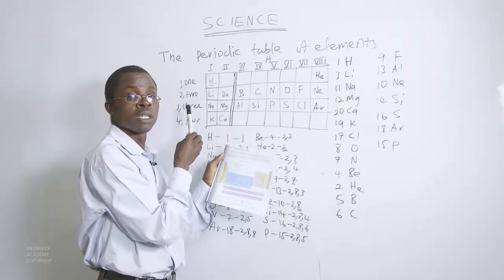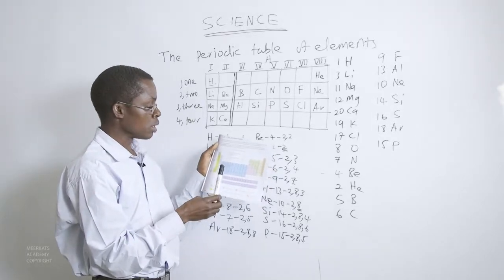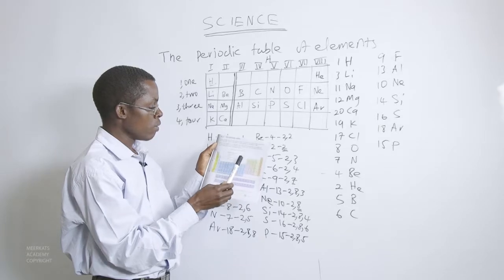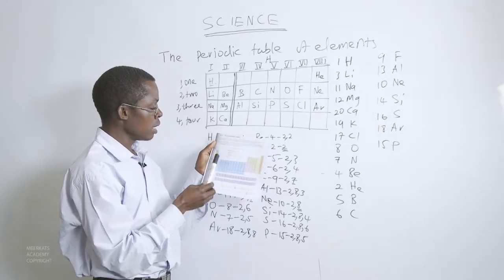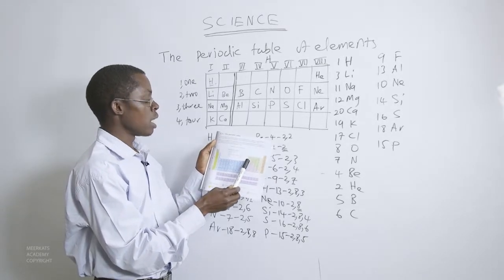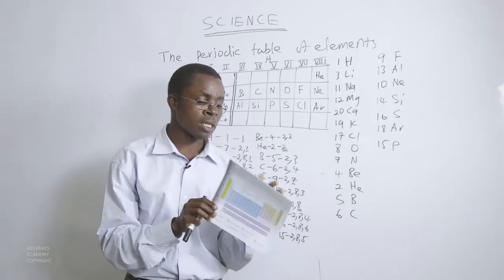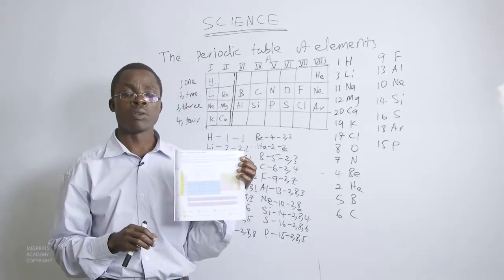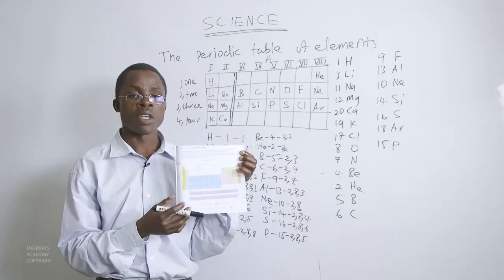So 13 here we are seeing aluminium. Do we have aluminium in the same position? Let's see. 1, 2, 3, 4, 5, 6, 7, 8, 9, 10, 11, 12, 13. 13 here is aluminium. So using those 3 examples, I can ascertain that what you have done is very similar to what we have in the table here.